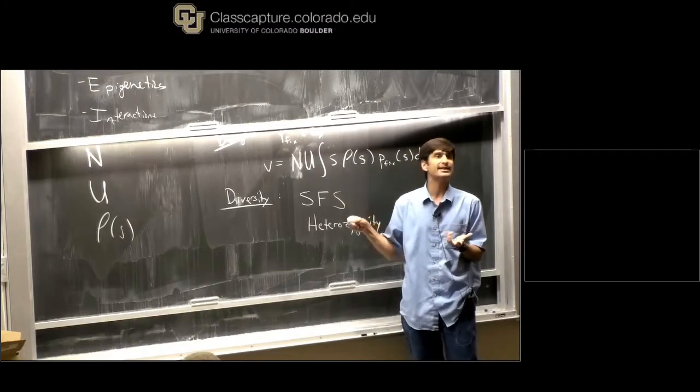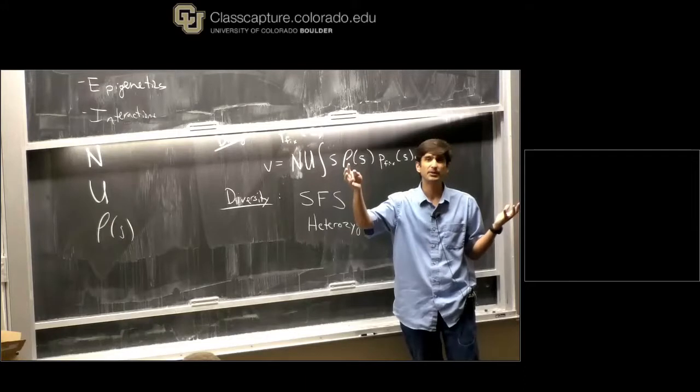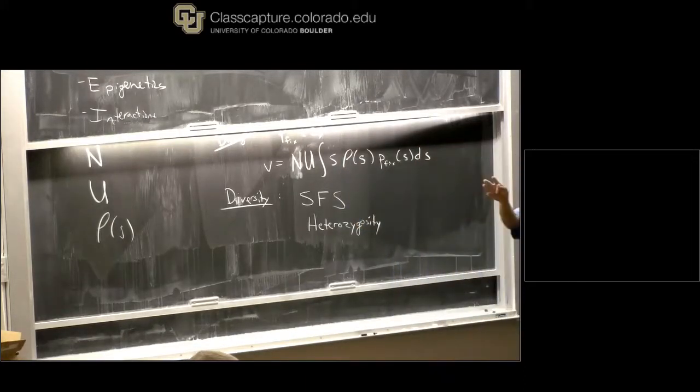Let's say I sequenced everybody in the room. There's like 50 people in the room, plus or minus. So if I sequenced everybody in the room, what I would see is, at most sites along our genomes, we'd all have the same base pair. We're all identical, and we say those sites are monomorphic. But at some of the sites, some of us would have one allele and others would have a different allele.